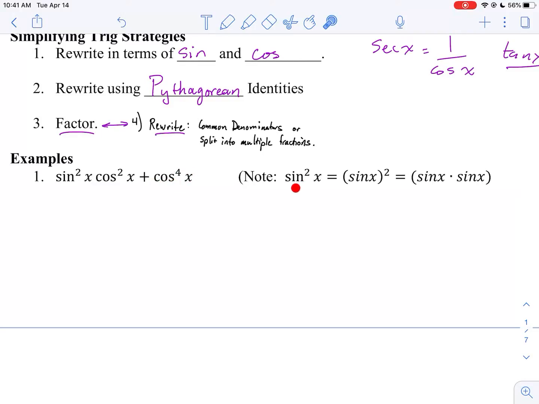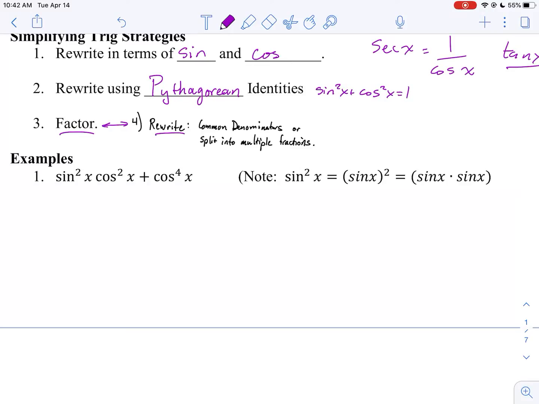We've got sine squared x times cosine squared x plus cosine to the 4th x. And a little note, I mentioned this earlier, but this really means to take something to the 2nd power, take it times itself. So I'm looking at these strategies. We're already in sines and cosines. Rewrite using Pythagorean identity. That might be useful, but I'm seeing something else going on here.